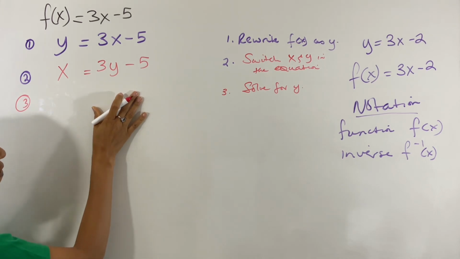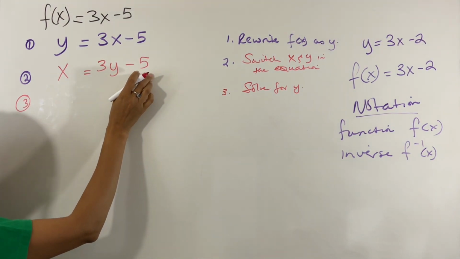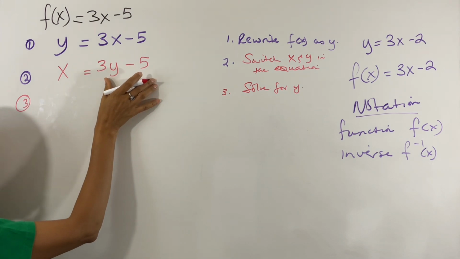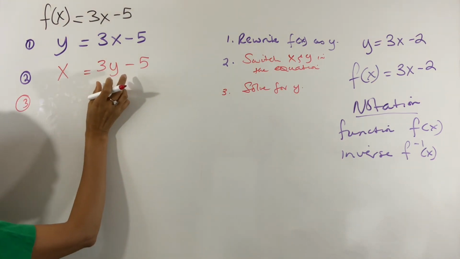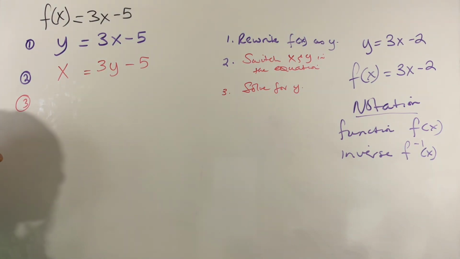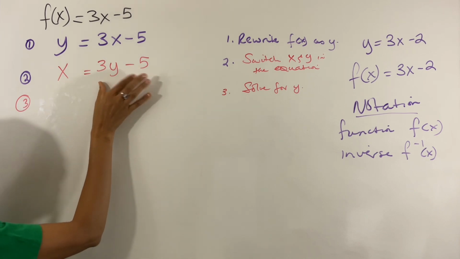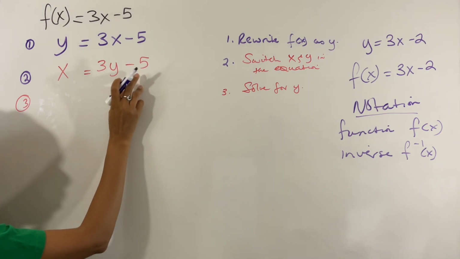In order to solve for y, you will notice that you have 3y minus 5 on the left hand side, and we have x on the other side. If we're solving for y, we need to get y by itself. Because you have -5 beside the 3y, we need to get rid of that, and we are going to use the inverse of -5, which is +5.